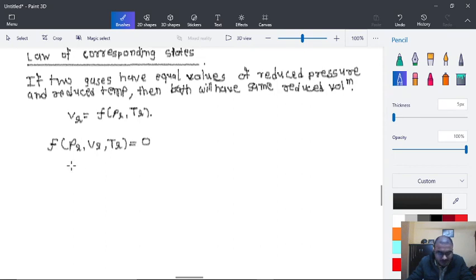So Z is equal to PV upon RT. Here we can write this as PC PR divided by capital R, and here VC VR divided by TC TR.